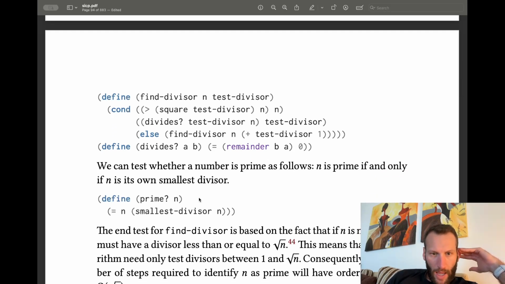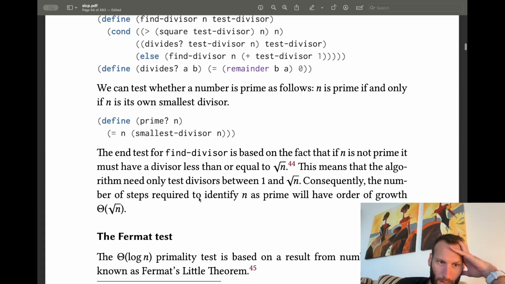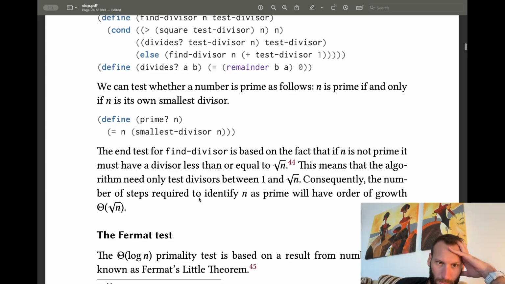We can test whether a number is prime as follows. n is prime if and only if n is its own smallest divisor. Okay, the end test for find divisor is based on the fact that if n is not prime, it must have a divisor less than or equal to the square root of n.